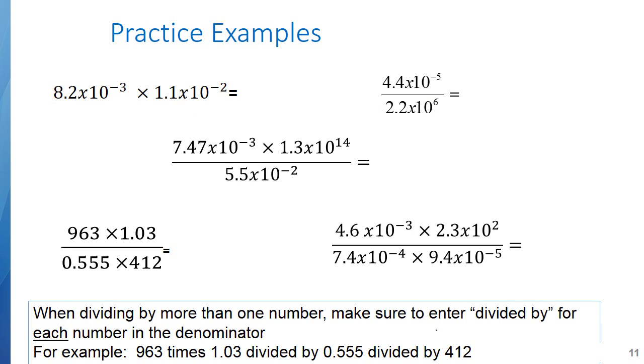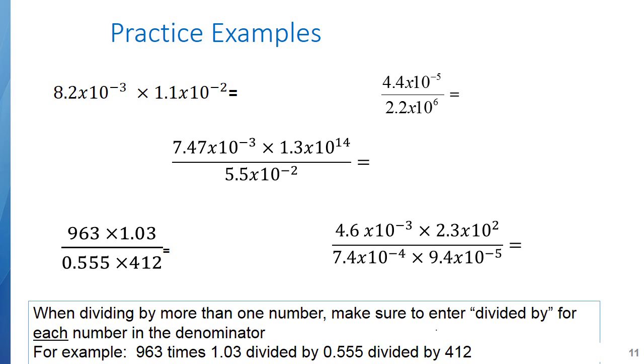All right, here are some examples that you might want to try. And what I wanted to do was point out to you that a lot of students make one particular mistake. If you have more than two numbers in the denominator and you're putting it into your calculator, you want to make sure and use the divide function every time you have something in the denominator.